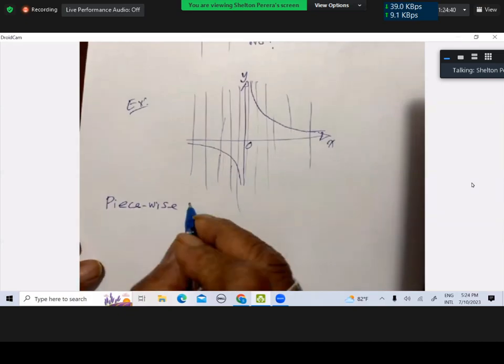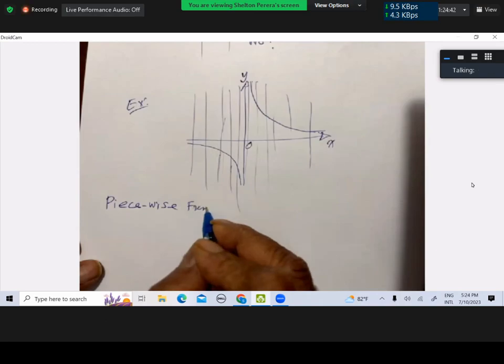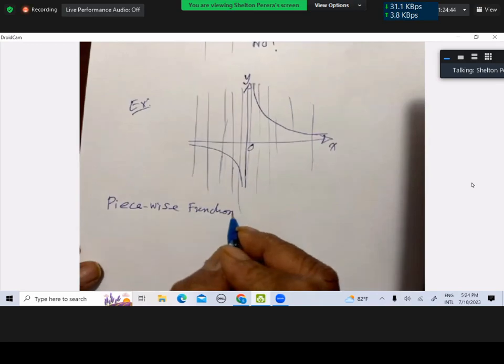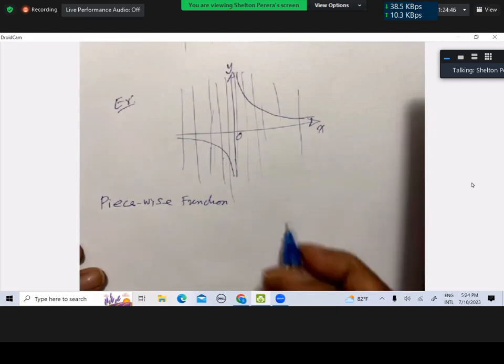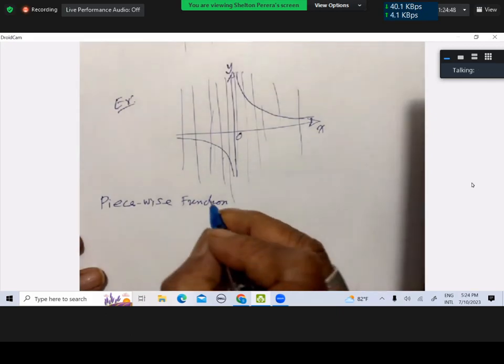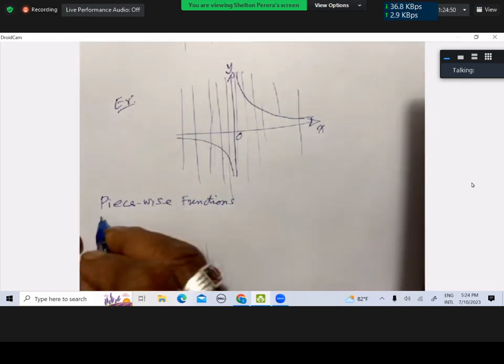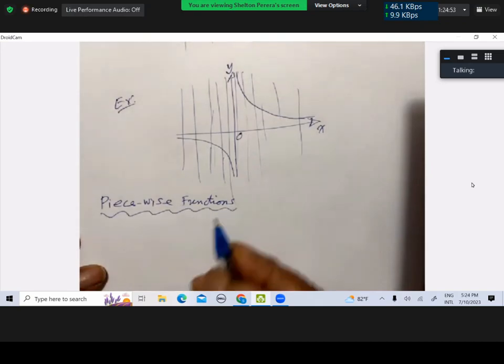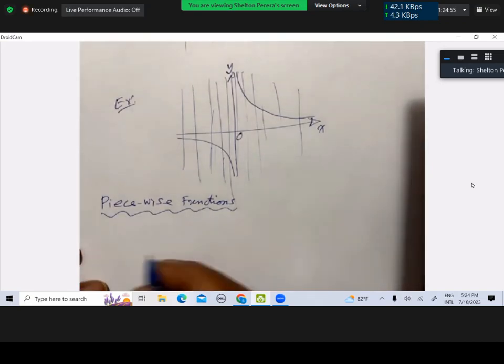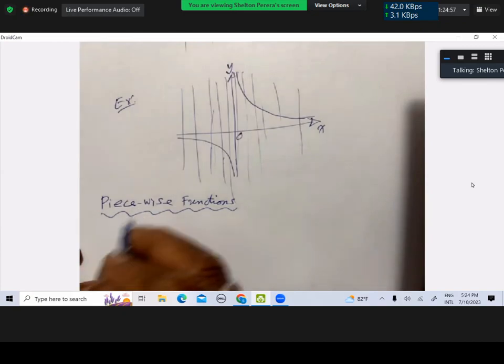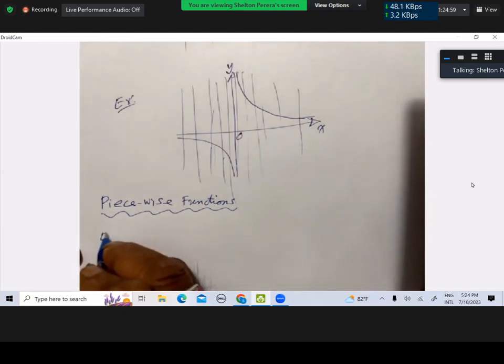Piecewise functions. It's actually piecewise defined functions. Piecewise function. Let's go straight away to an example.